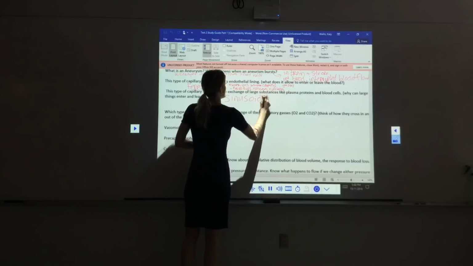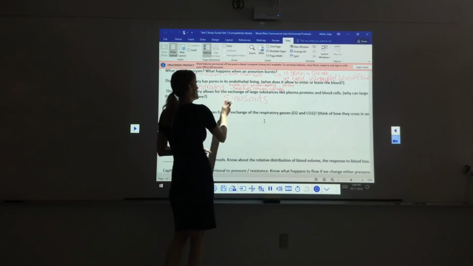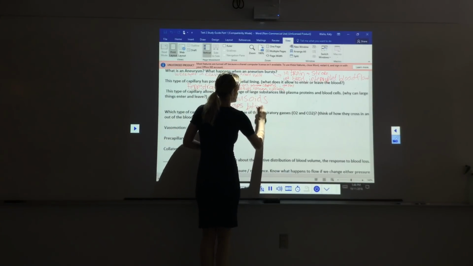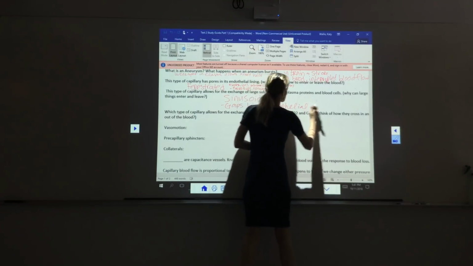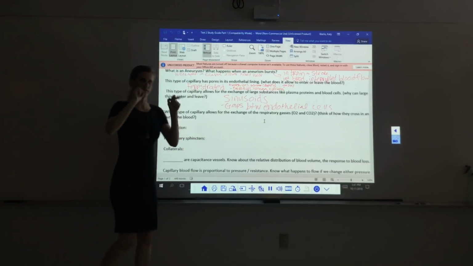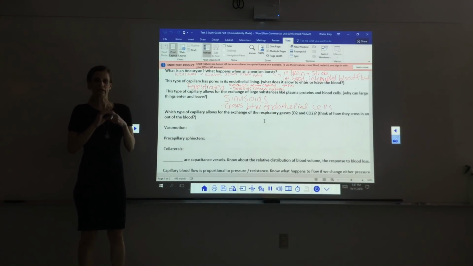Sinusoids. Remember they've got, okay, so actually here, why can these large things enter and leave? What do sinusoids have? They've got large gaps between endothelial cells. Okay, so the fenestrated capillaries have little pores present. Sinusoids have big old gaps. They've got big spaces between endothelial cells.